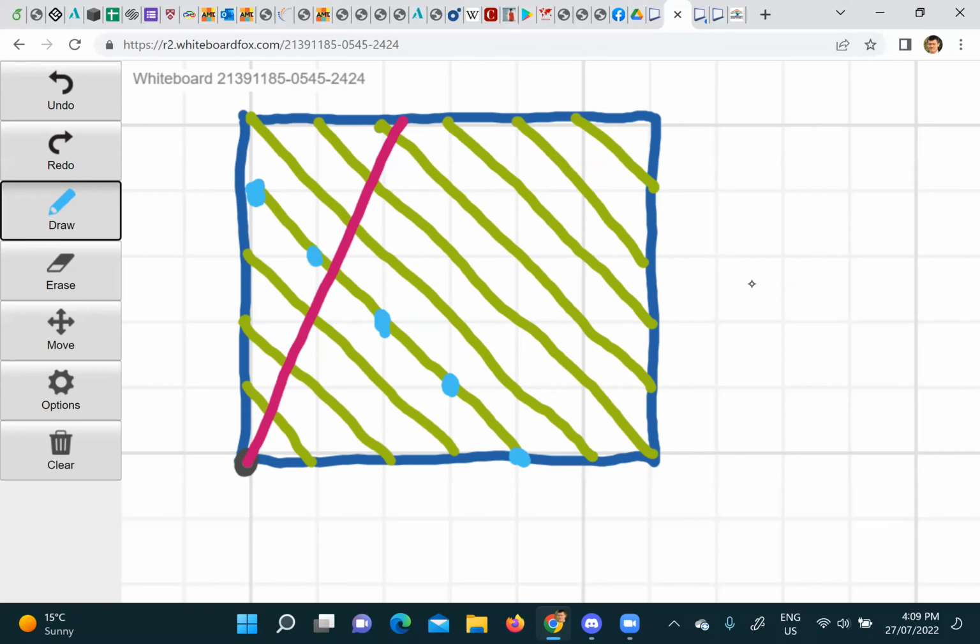Obviously, the red line can only cut the green line once, right? So the intersection of the red line with the green line represents all the squares on that green line that the red line cuts. Does that make sense?